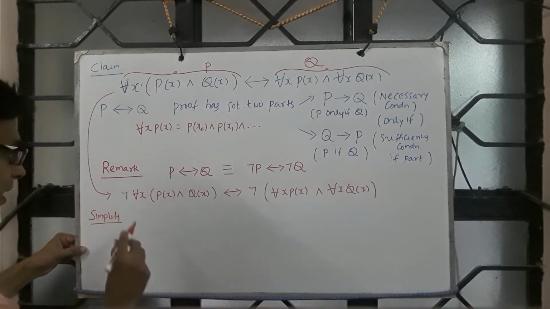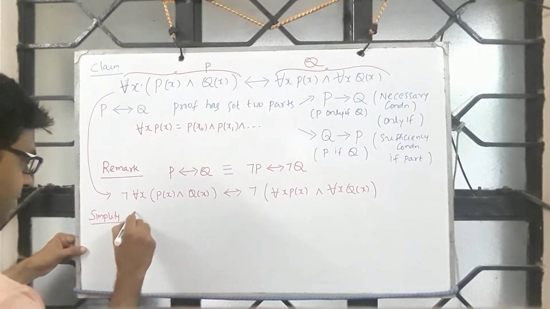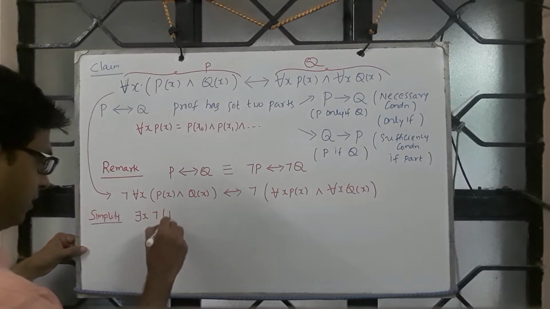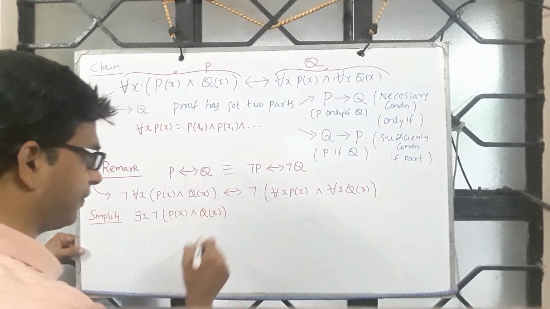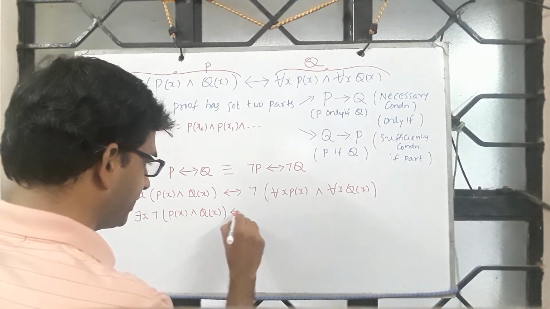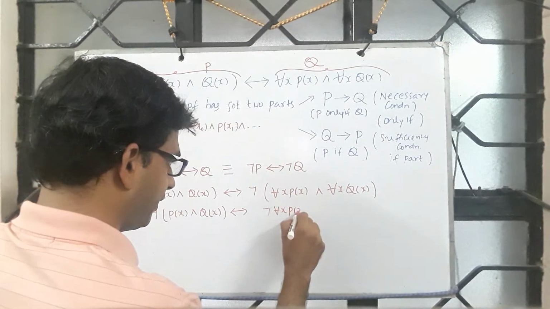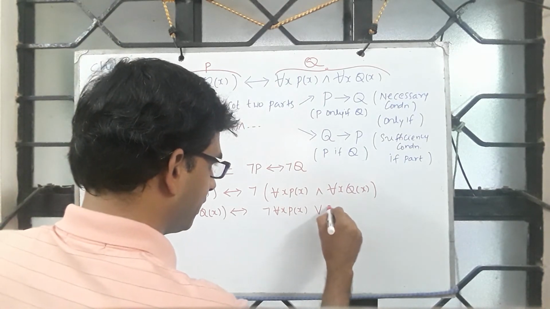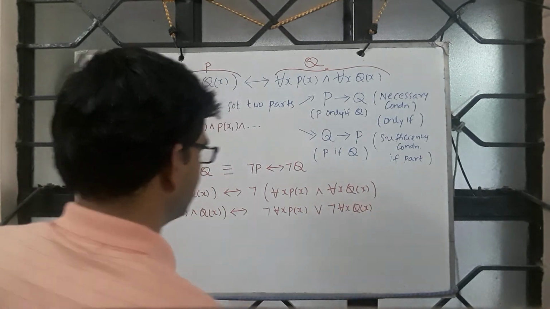If you simplify, we know if you bring negation, quantifier flips, this becomes there exists x, negation P of x and Q of x, biconditional negation for all x, P of x, this one becomes R, negation for all x, Q of x.